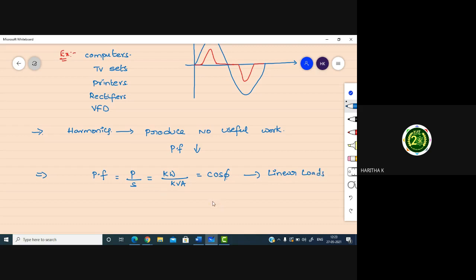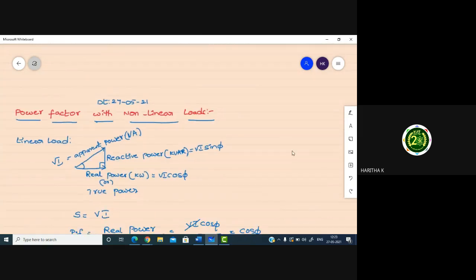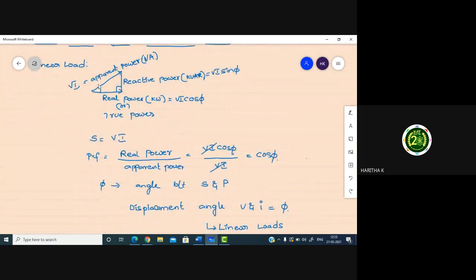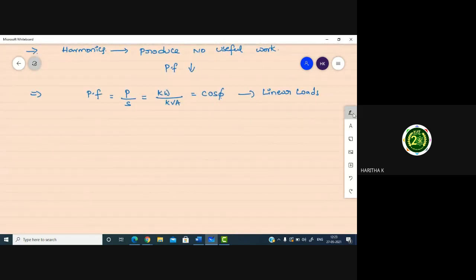Or from the power triangle, you can write S is equal to... It is a right angle triangle, right? I will draw it here. Hypotenuse is the apparent power S, the adjacent side is the true power, and this one is the reactive power, indicated with Q. From the Pythagoras theorem, S is equal to the square root of P square plus Q square.